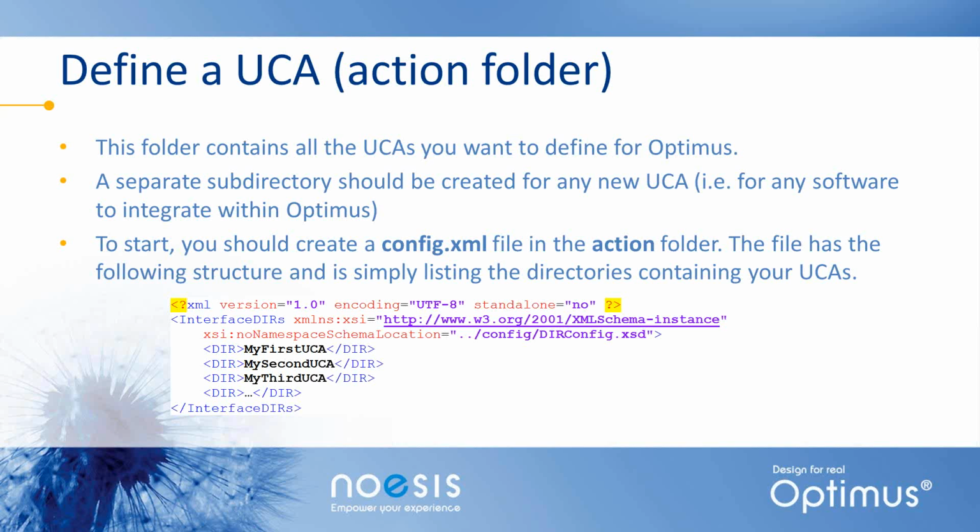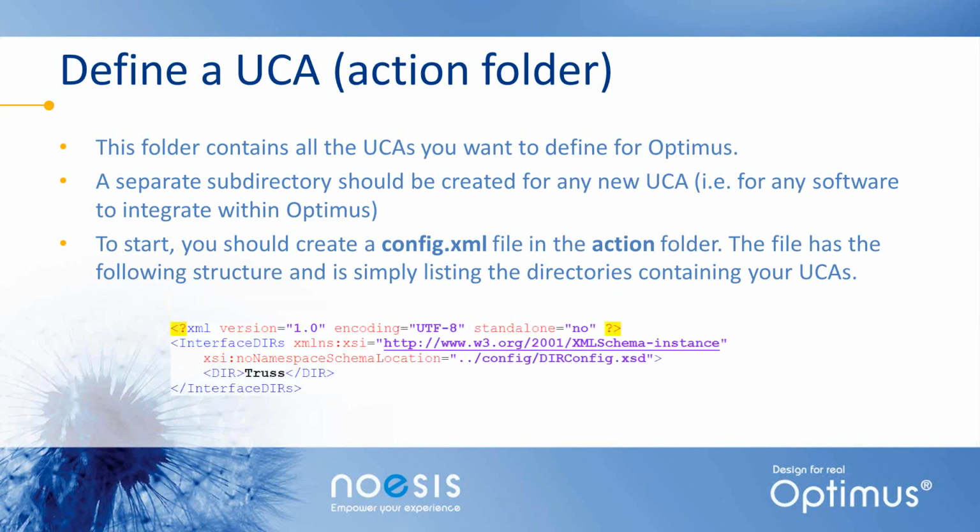The config file is a very simple file. As you may see, it is just listing the UCAs that you have. If you have 3 UCAs, then you just have my first UCA, my second UCA, and my third UCA, and you will have 3 directories at the same level.